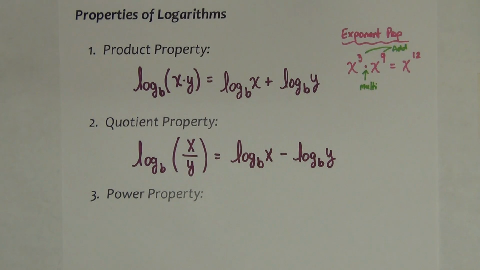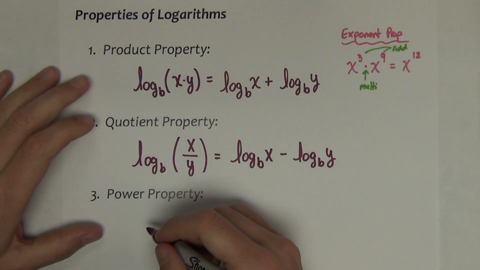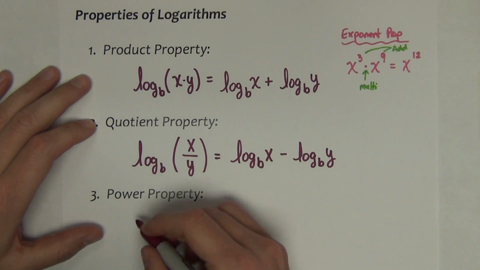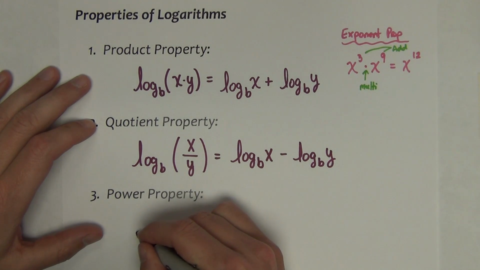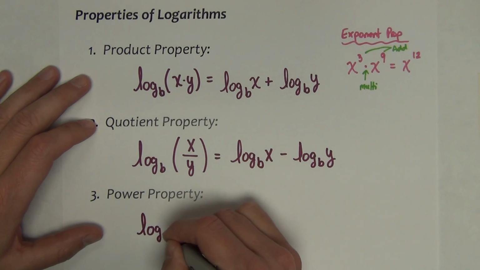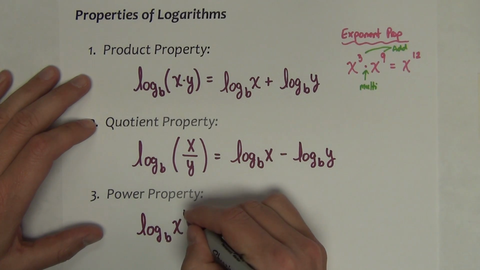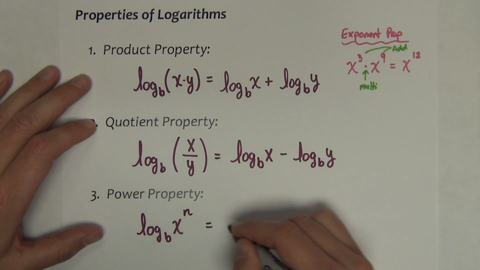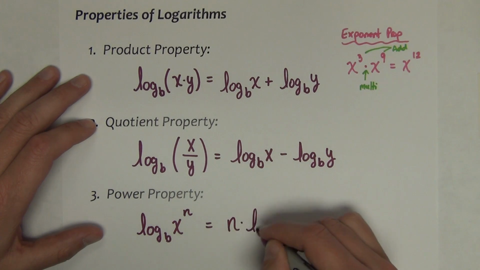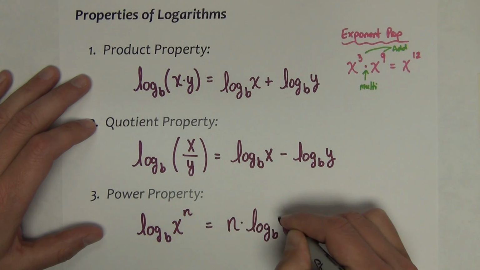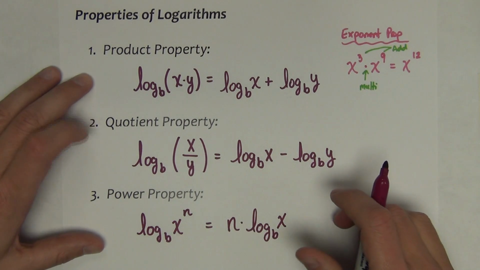This last one, the power property of logarithms, says this: if we have log base b of x raised to the n power, that's the same as n times log base b of x.